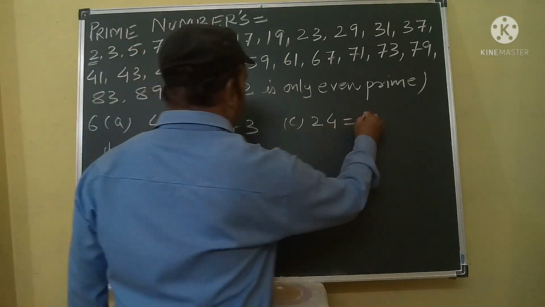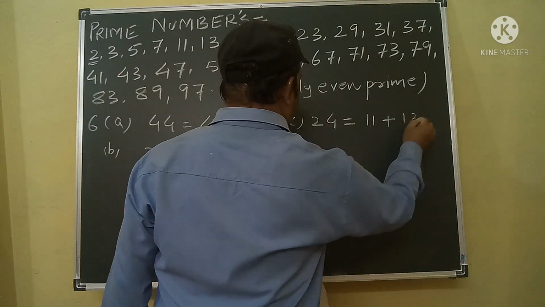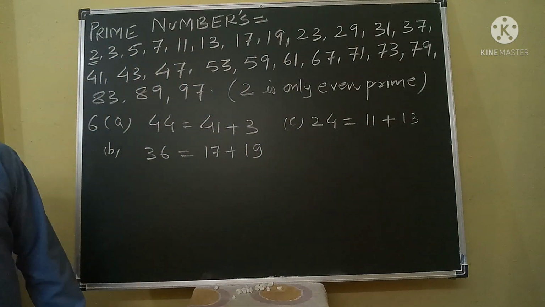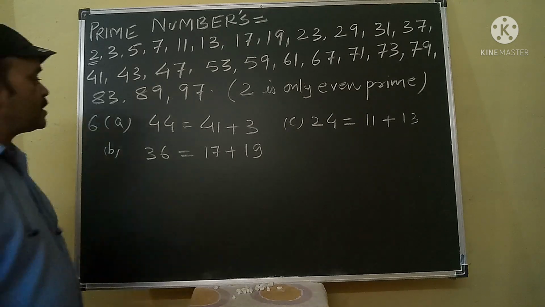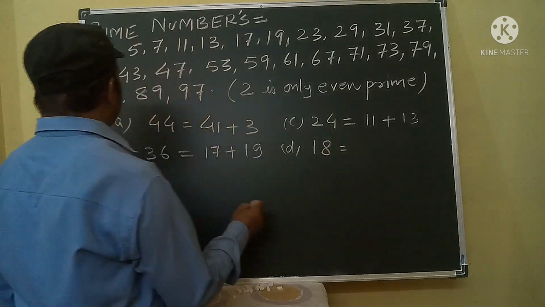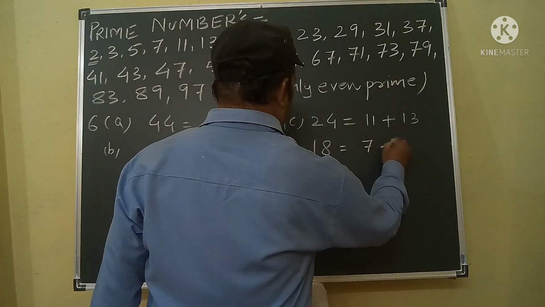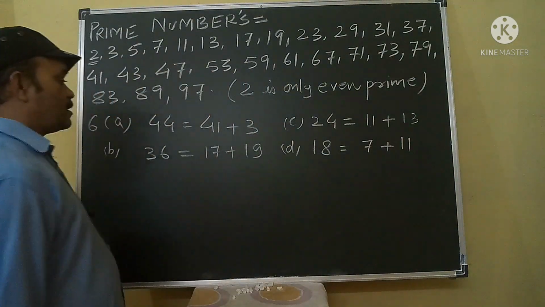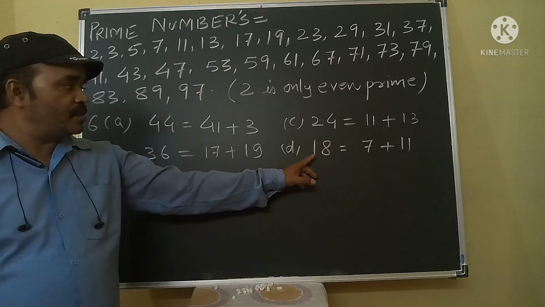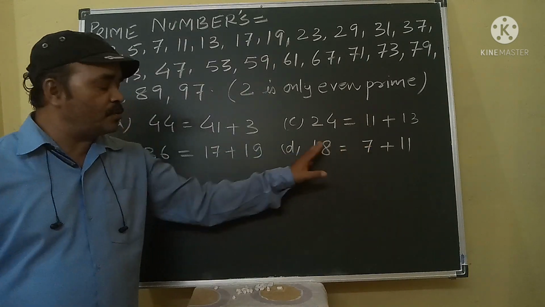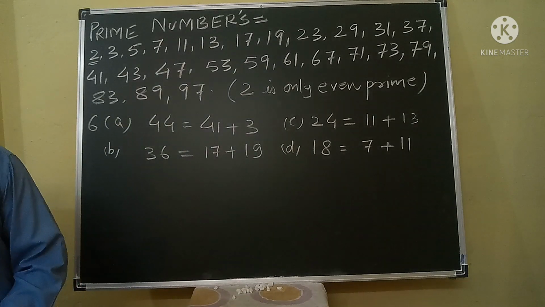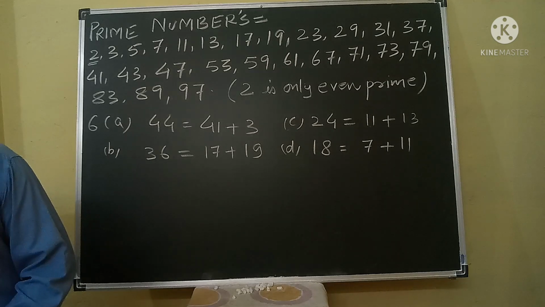You can write 24 as 11 plus 13. 11 plus 13 is 24. Then 6d, 18. You can write 18 as 7 plus 11. 7 plus 11 gives you 18. 18 is the sum of two odd primes. Okay. This is the required answer for question number 6.